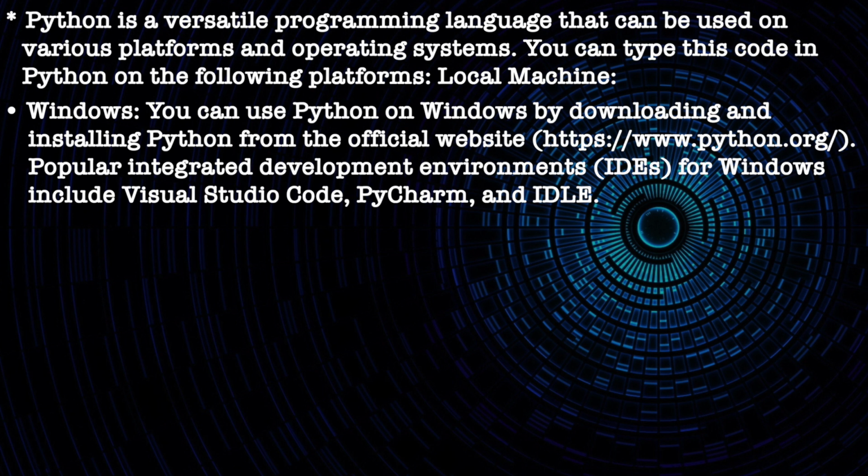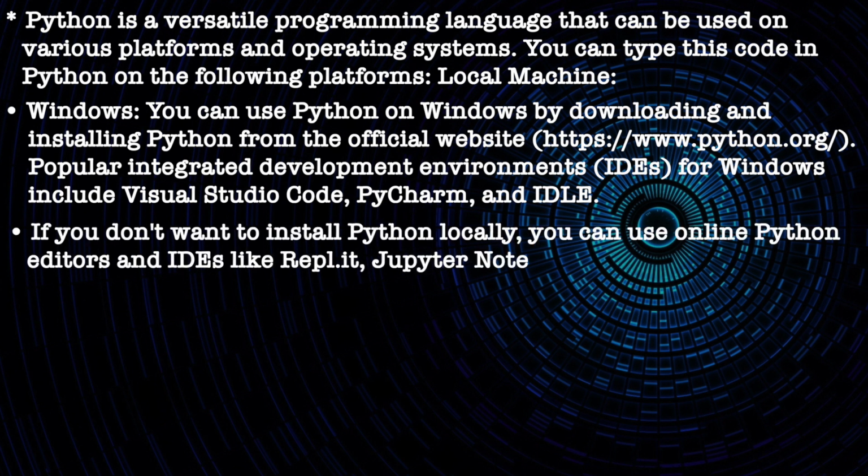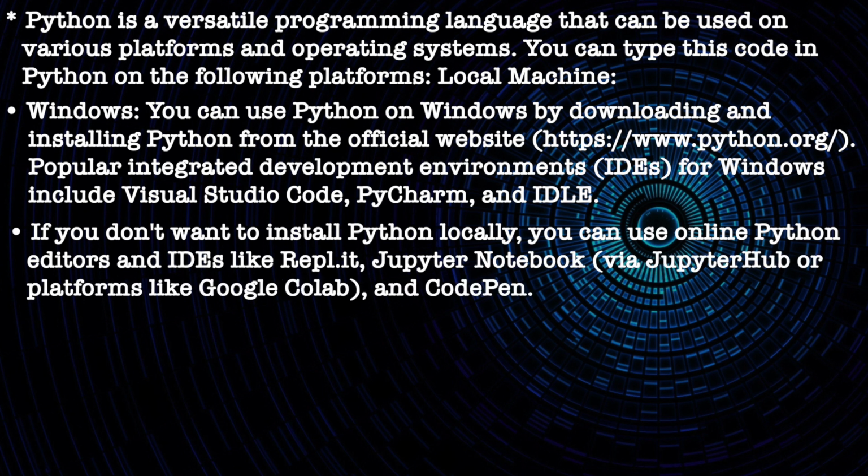Popular integrated development environments, IDEs, for Windows include VS Code, PyCharm and IDLE. There are some online Python editors also. If you do not want to install Python locally, you can use online Python editors and IDEs like Jupyter Notebook, Google Colab and CodePen.